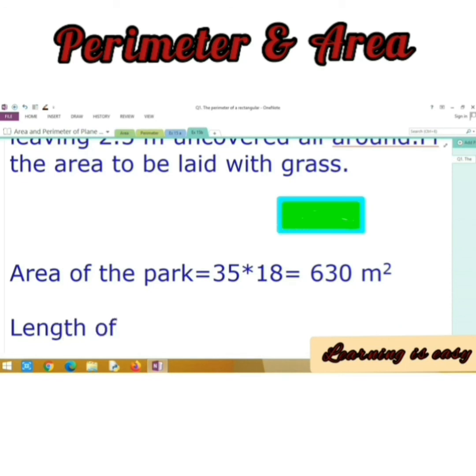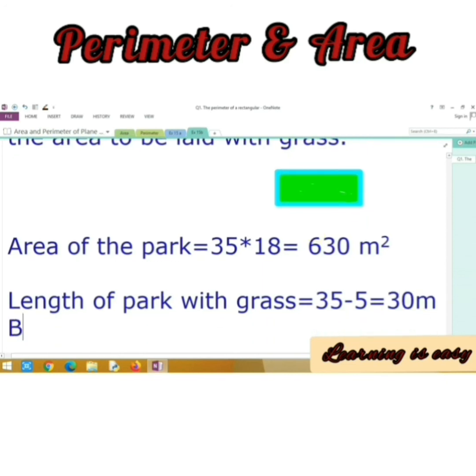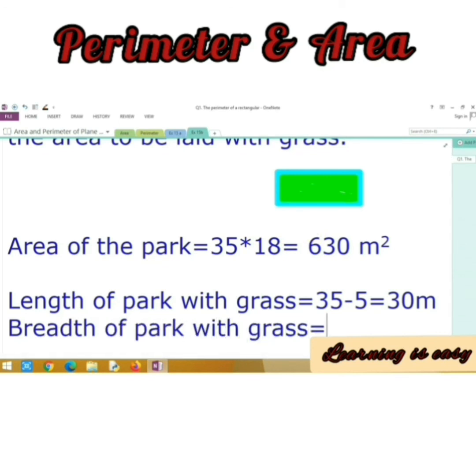Length of the park with grass, that's going to be, we need to minus it. Both the sides it's 2.5, so it's going to be 2.5 plus 2.5. So 35 minus 5, that gives 30 as the length. And breadth, again very similar way, 18 minus both the sides 2.5, left and right.